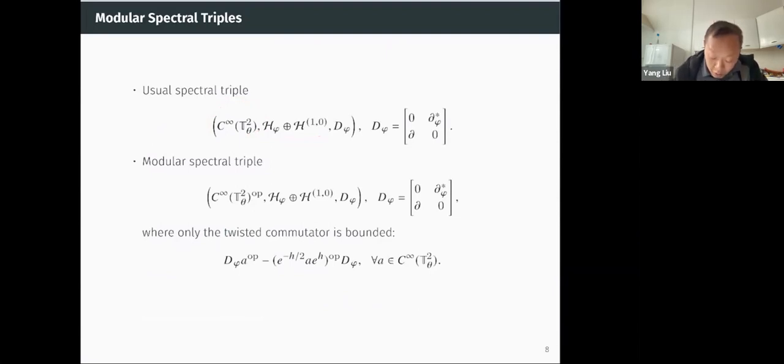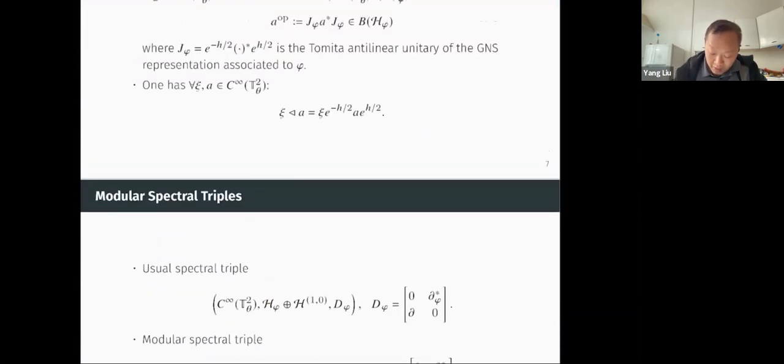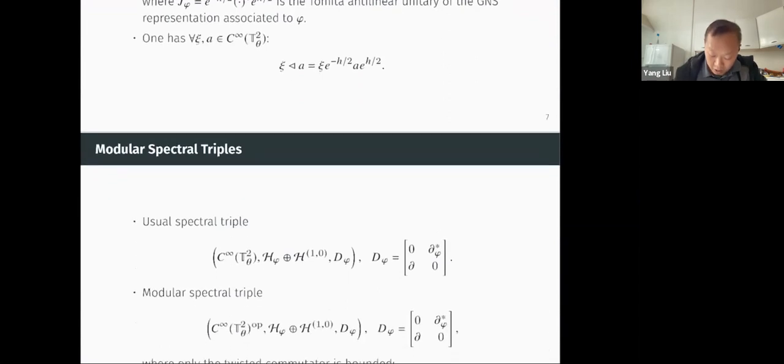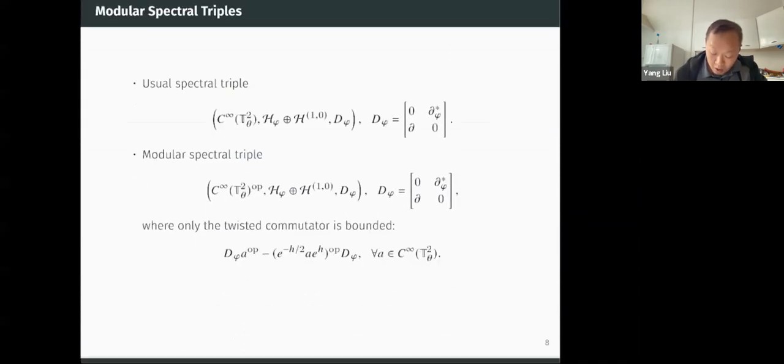If we use the right multiplication, defined by this corrected right action, because we modify the inner product here, we have a so-called modular spectral triple or twisted spectral triple, which means that the twisted commutator is bounded. In the usual spectral triple, the usual commutator is bounded.